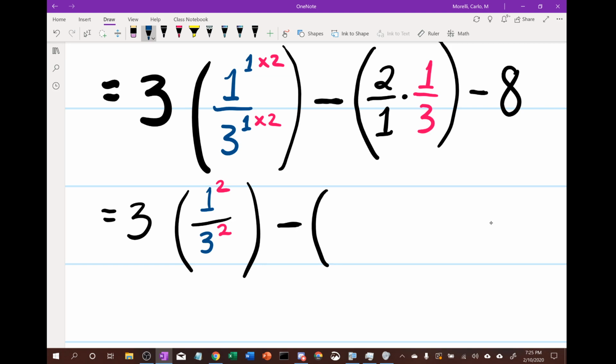Multiply across the top and across the bottom. So 2 times 1 is 2 over 1 times 3 is 3. And then we just write -8.